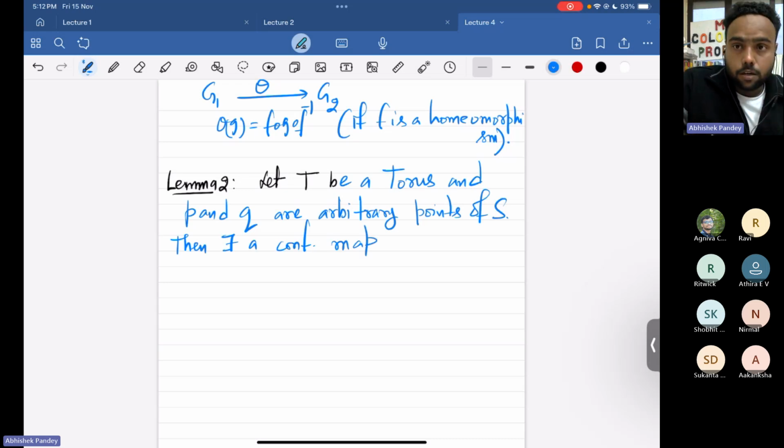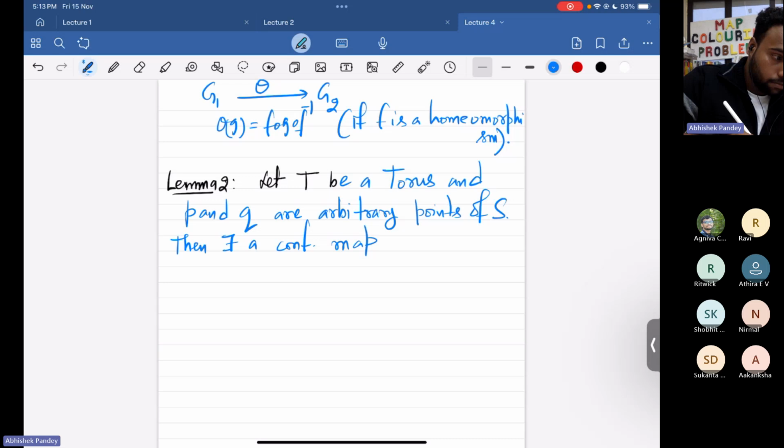Here is some extra property of this conformal map, that it is homotopic to the identity map. But at present we don't need that one because we are not bothering about Teichmüller spaces. So I will not mention that it is homotopic. We just need the conformal property of this map.